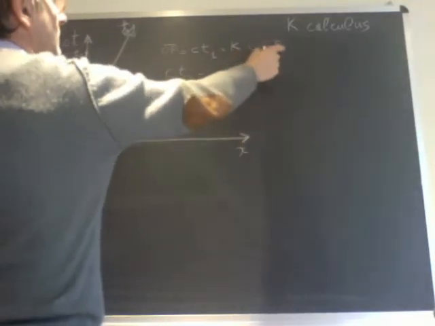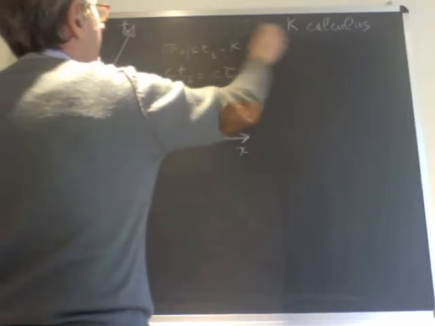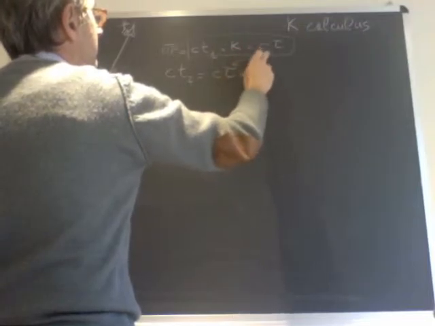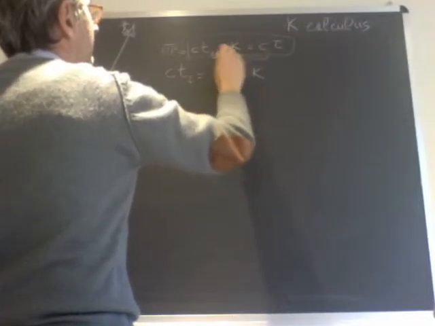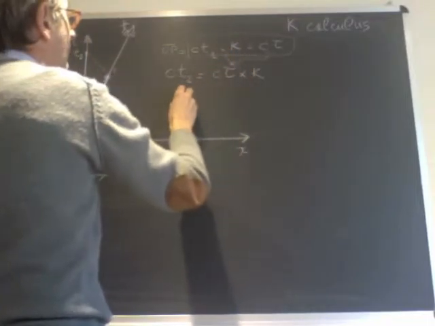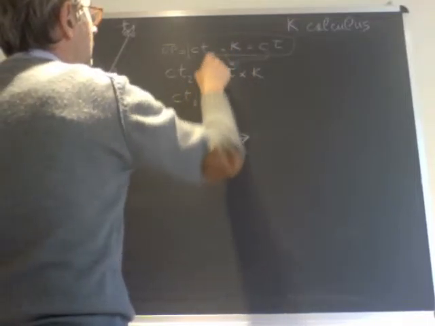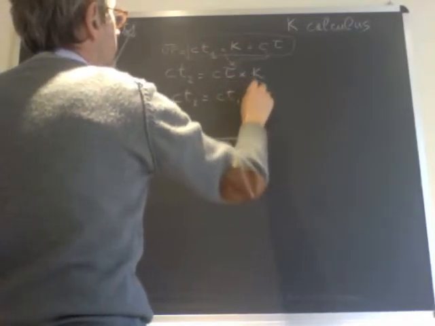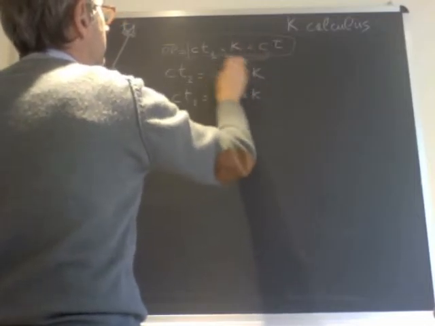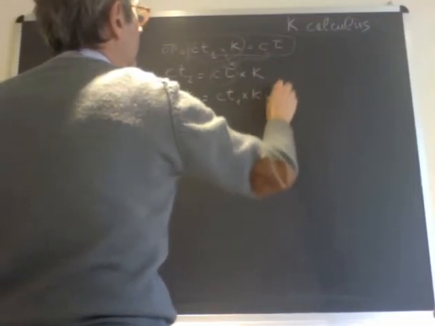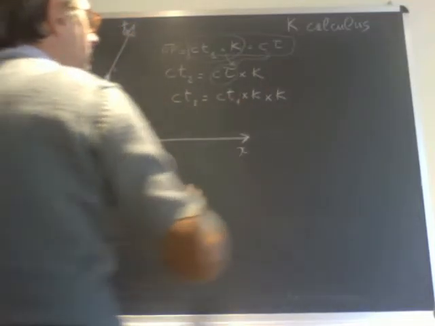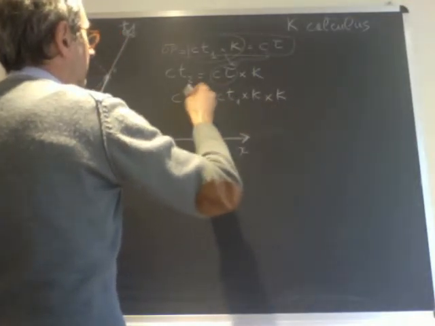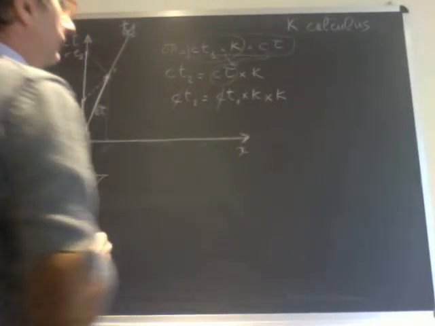I can take the value of c tau from the first equation and substitute it here, and so I get ct2 equal to ct1 times K, multiplied again by K. This is a product chain, so I can obviously simplify.